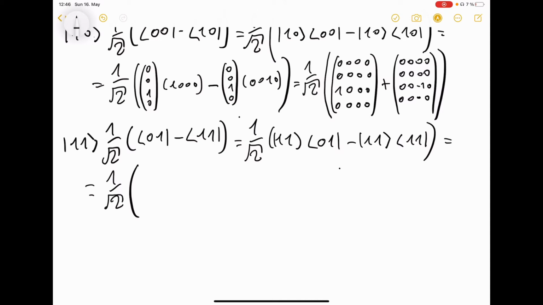We look at 1, 1 here, so meaning we have the state 0, 0, 0, 1 times 0, 1, meaning 0, 1, 0, 0, minus 1, 1, times 1, 1.